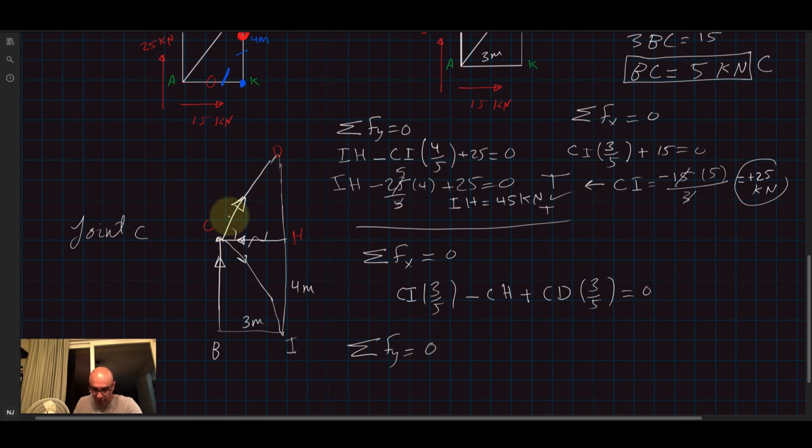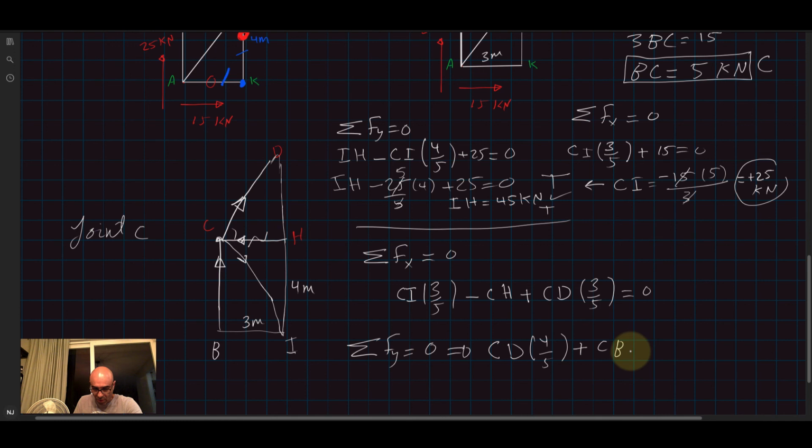Alright, summation over Fy, we have CD. We write it in the same way. And how much of it is going to be positive y direction is 4 over 5. This one, CB, it's positive, looks like.